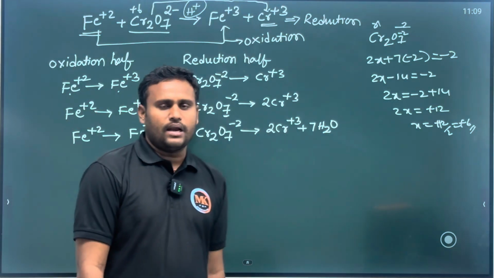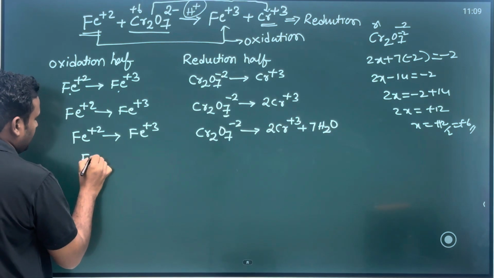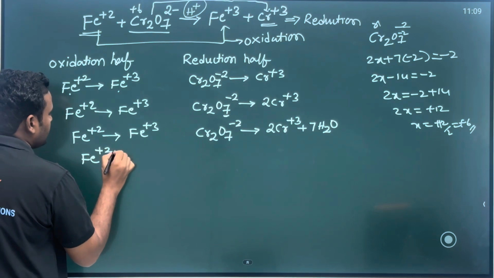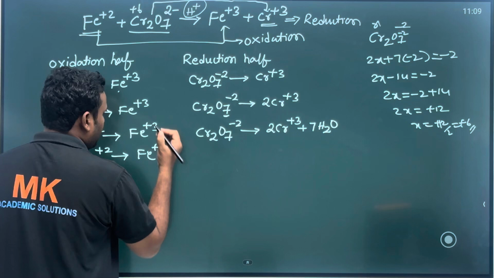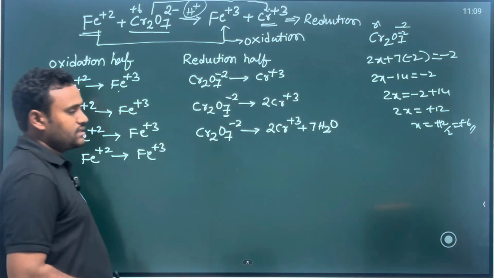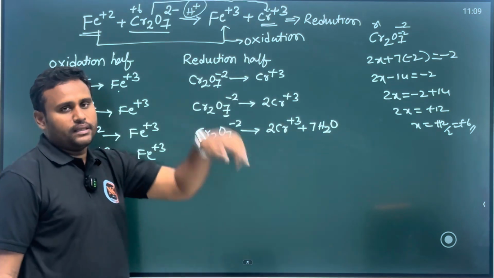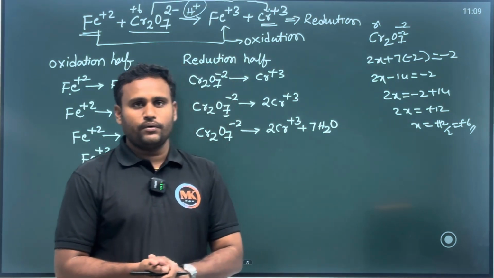Next step is to balance hydrogens. Here no hydrogens are there, so as it is we write plus 2 to plus 3. Next, here 14 hydrogens are there, and on the other side no hydrogens. Now it is occurring in the acidic medium. In acidic medium, how do we balance?